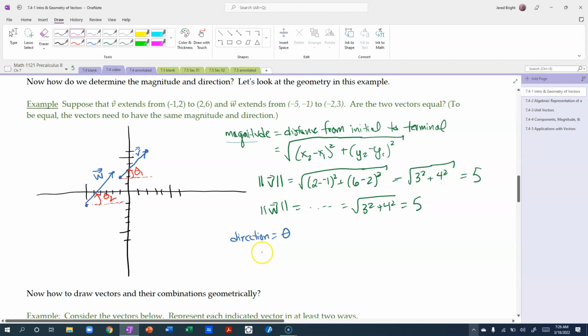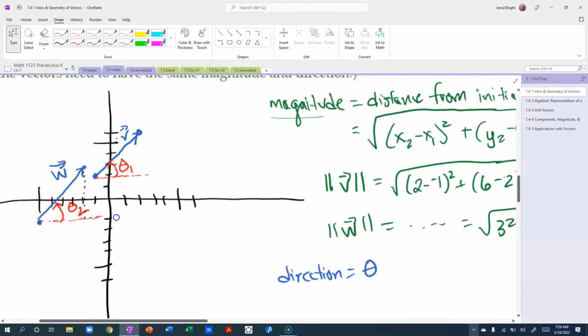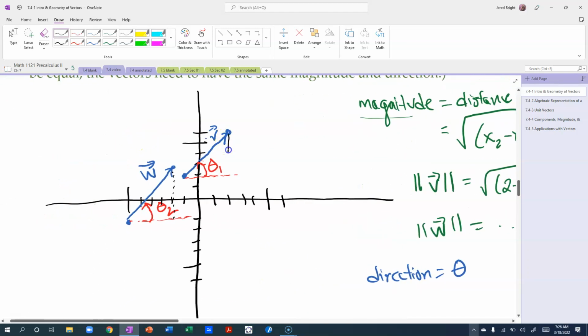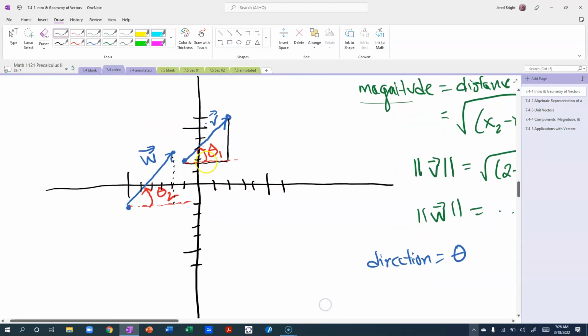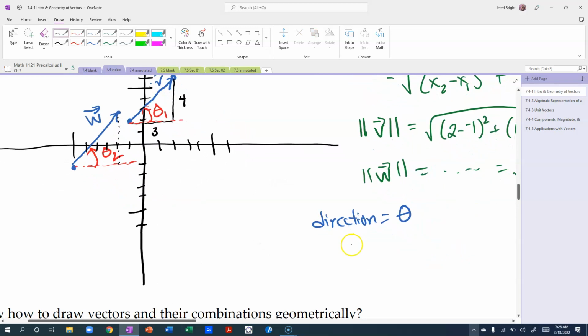Okay, so now how do I find theta? Well, this is where you might want to imagine a little triangle. I'm going to zoom in here for v at least. If I imagine completing this triangle, horizontally I would go 3 units, and vertically I would go 4 units. So I can find theta: tangent of theta 1 is 4/3, opposite over adjacent.